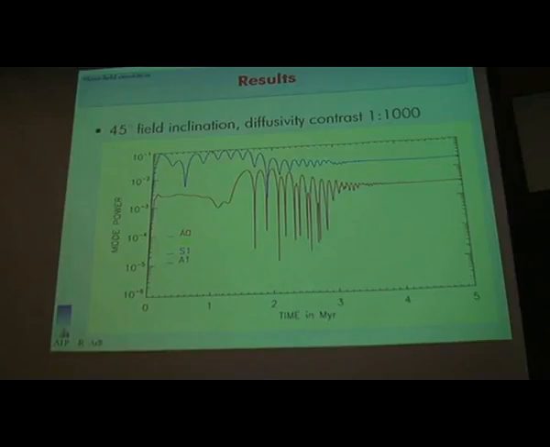Not so much because your time step, you don't have numerical problems in the interior because of the low diffusivity. Excuse me, please, in what units is the mode power? Oh, well, B is always measured in equipartition B. But you believe that the level of your turbulence is something constant? Yes.